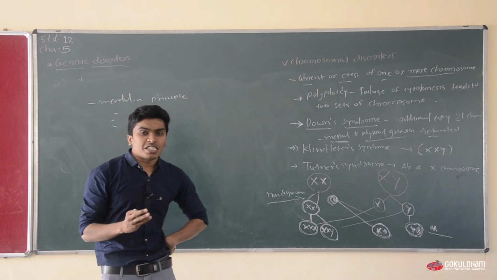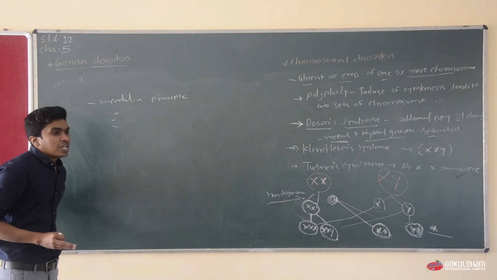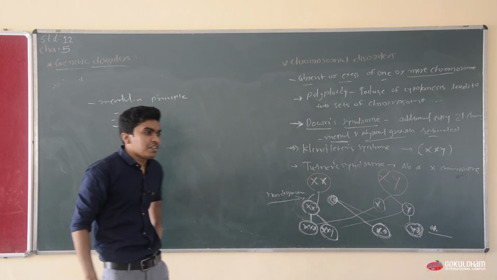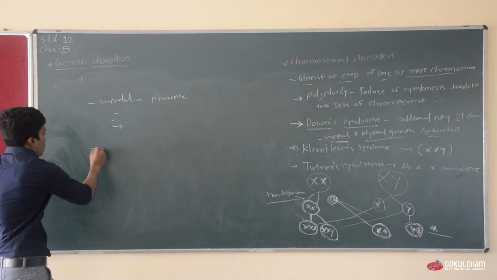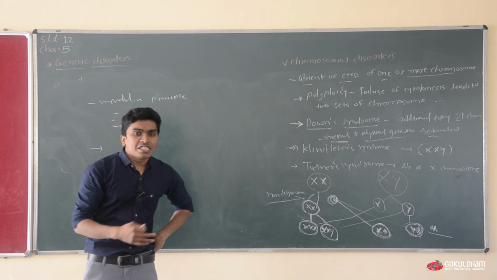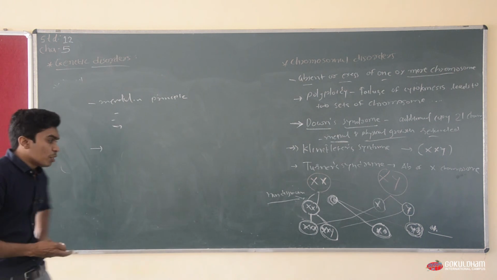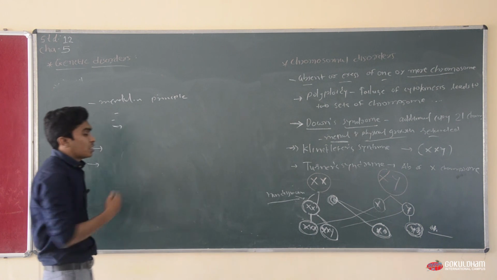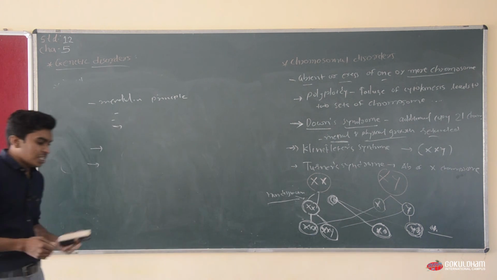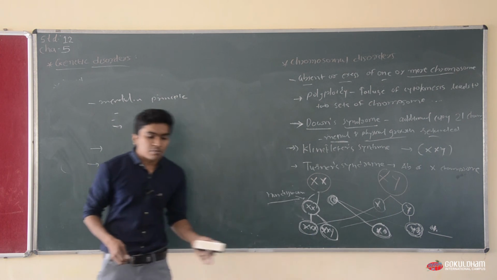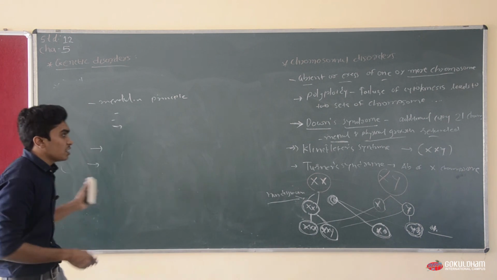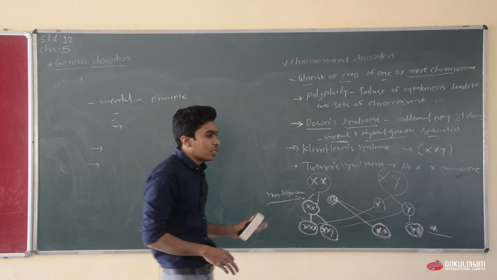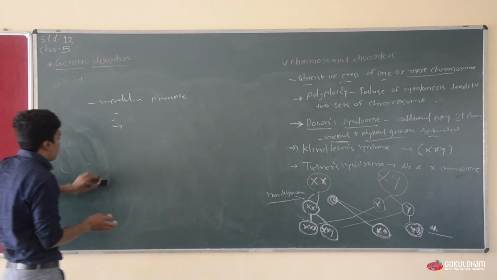First principle is segregation, another is the principle of dominance, and third is independent assortment. Then we discussed certain limitations of Mendelian genetics, for example incomplete dominance and codominance, and then we discussed sex determination in animals, and lastly today we discussed genetic disorders, in which there are 2 types of disorder. First one is Mendelian disorder and another one is chromosomal disorder. So here we completed our 5th chapter.